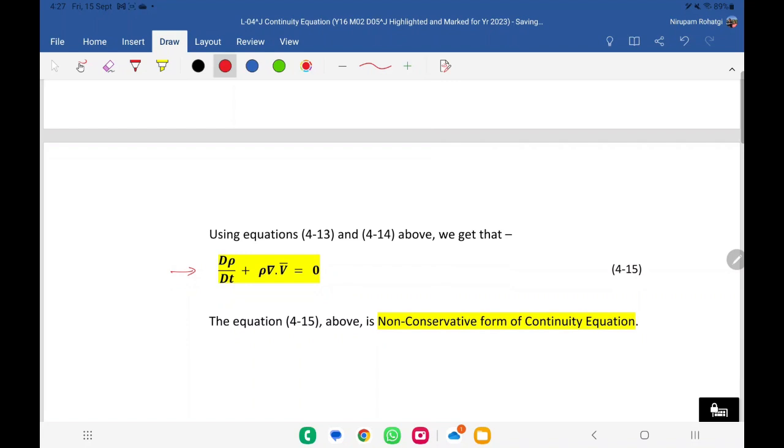Now if you see this equation, rho is outside the derivative, v is inside the derivative, and that makes it non-conservative. So there are two forms of this continuity equation. One is the conservative form, one is the non-conservative form.